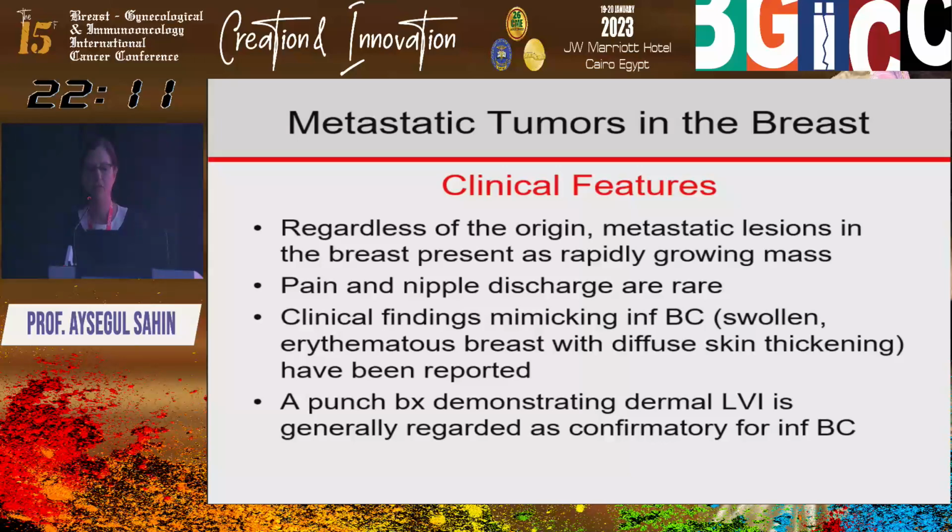Sometimes they can have nipple discharge. And it's very important that sometimes they mimic inflammatory breast carcinoma symptoms. So they have the swollen, erythematous breast with skin thickening. So it is very important not to confuse it with inflammatory breast cancer.